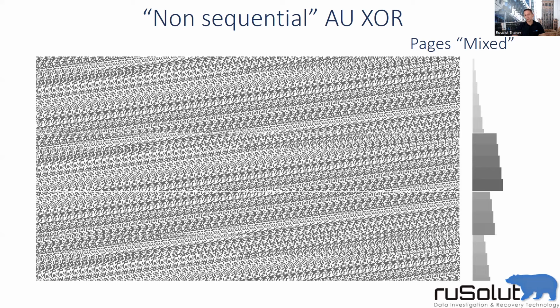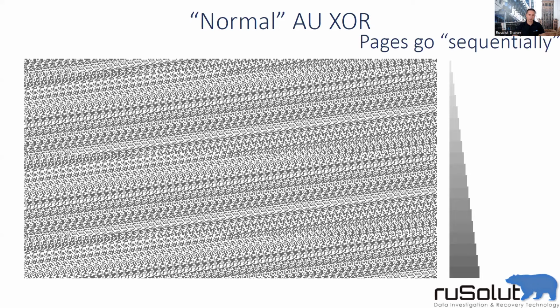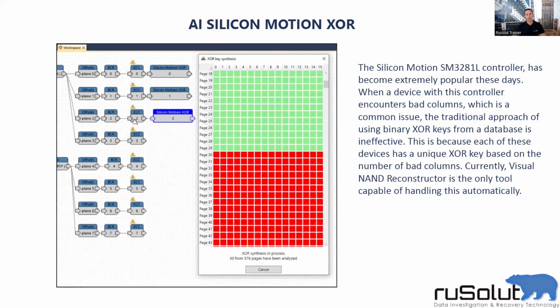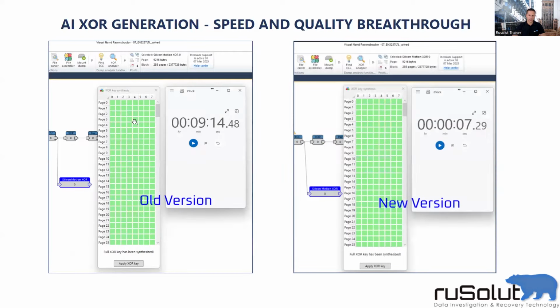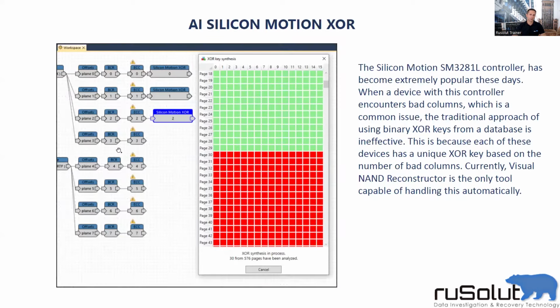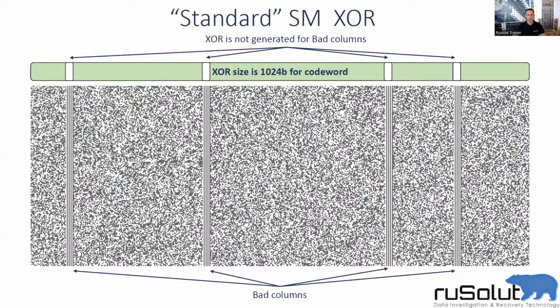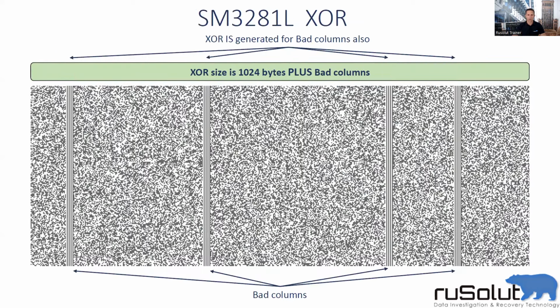So those are the new improvements of VNR in this update. Firstly, it can generate XOR keys much faster than the previous version. Also, it can generate XOR keys for Silicon Motion controllers where there are bad columns, and the XOR key was created for those bad columns too.